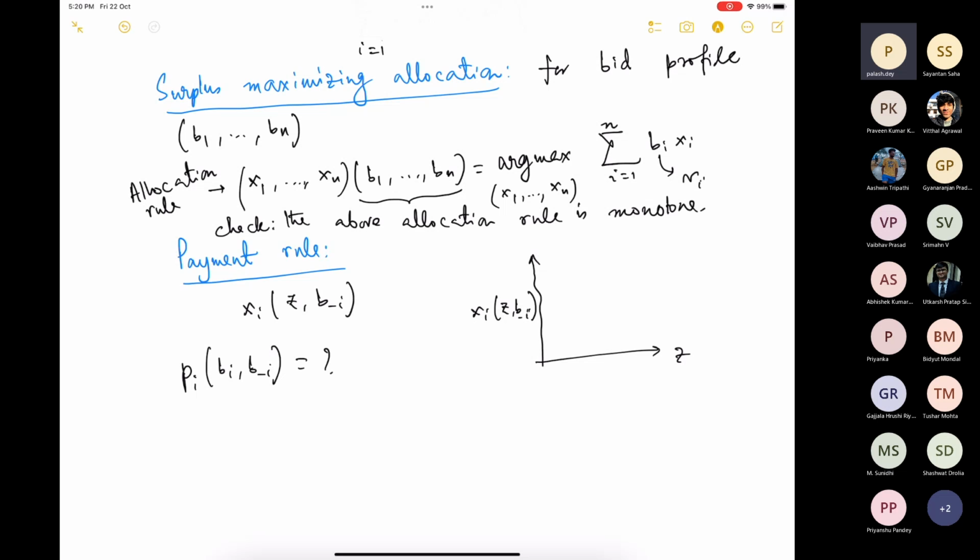So by Myerson's lemma, there exists a unique payment rule which makes this entire mechanism dominant strategy incentive compatible. Now I am defining that payment rule.